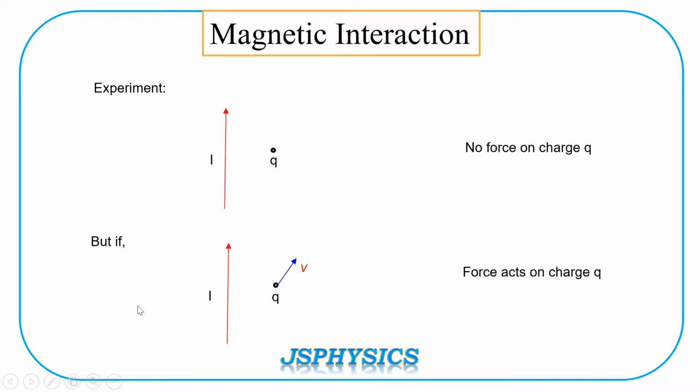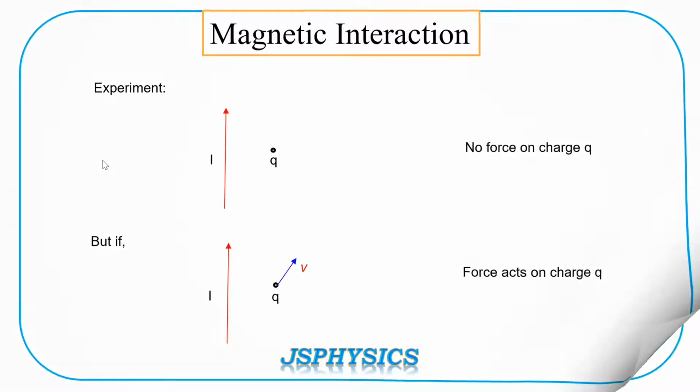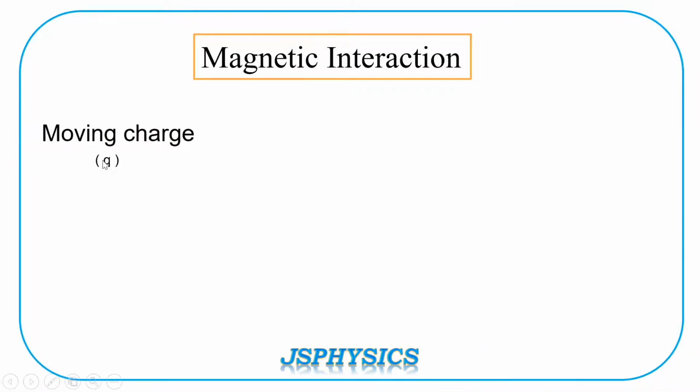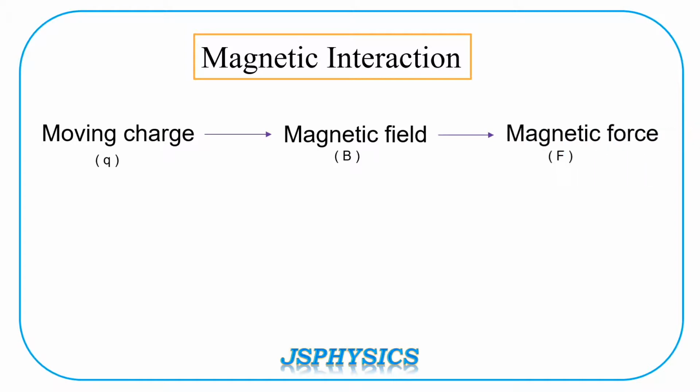That means the magnetic field is produced by a current in a given conductor. If a charge is moving with velocity v, then it creates a magnetic field B. And this magnetic field is capable of creating a magnetic force on another charge.